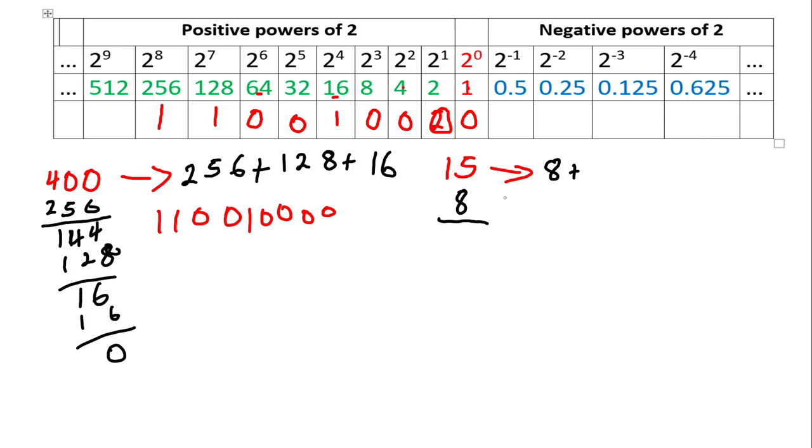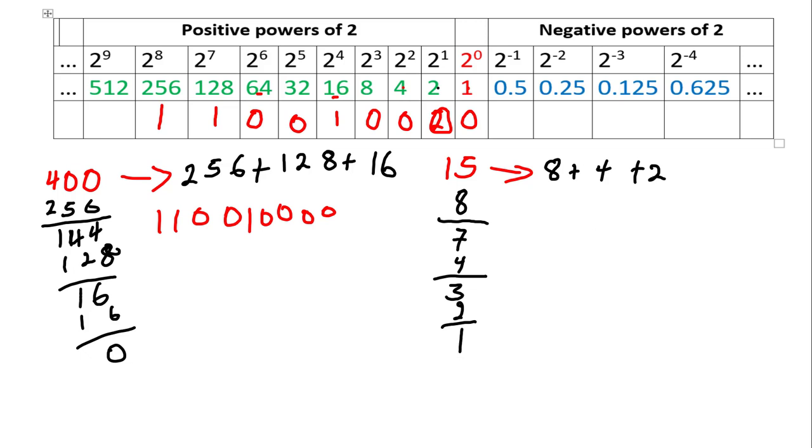When we take 8 from 15, the result is 7. Comparing 7 to the table, we do not have 7, but the value under 7 is 4. Subtracting 4 from 7, the result is 3. We do not have 3 in the table, the value under 3 is 2. Subtracting 2 from 3, 1.